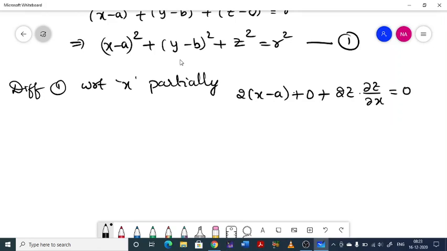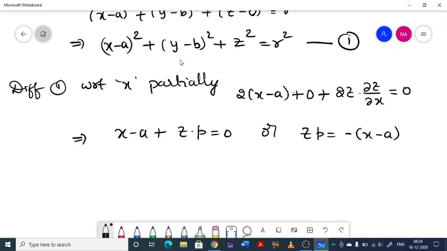Dividing the equation throughout by 2, I get x minus a plus z into p equal to 0, or I can write zp equal to minus of x minus a, or you can write a minus x, no problem in that.